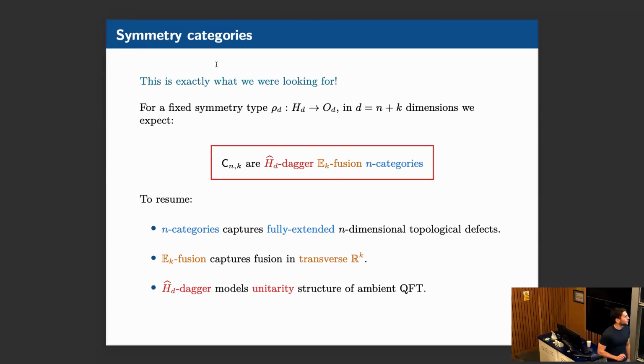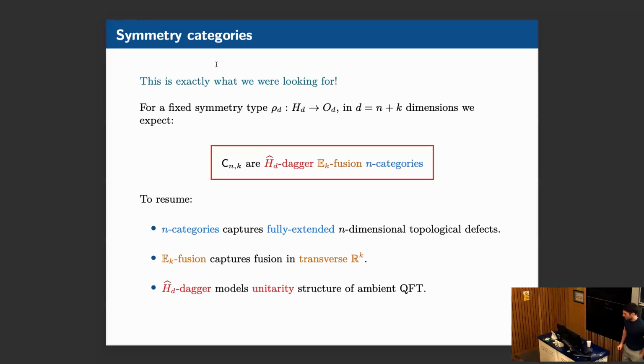E_k fusion is just saying that you can fuse these defects along the k transverse directions. And these are also going to be H-hat-d-dagger, which is the fact that we're going to have a good unitary calculus for these defects in d dimensions.